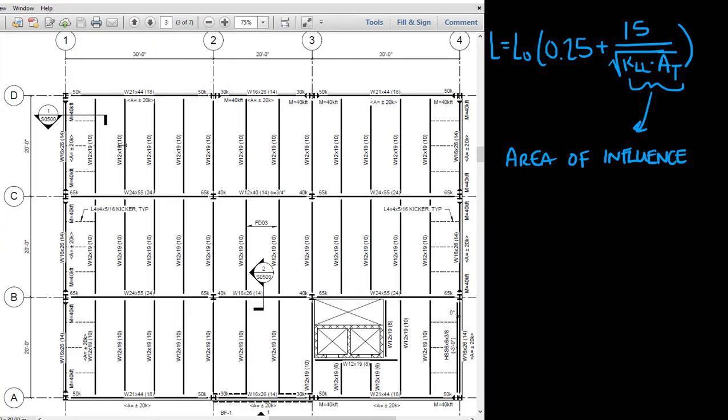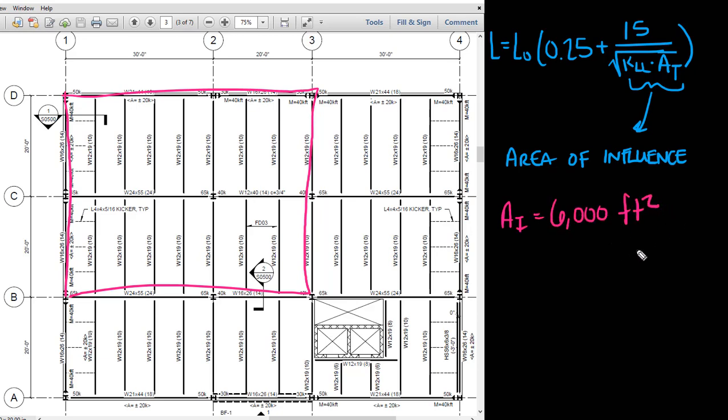So let's again look at our column and calculate the reduced live load for this column. Again, I'm going to draw out our area of influence. And that area of influence was equal to 6,000 square feet. And say we have a uniform live load of 100 pounds per square foot.